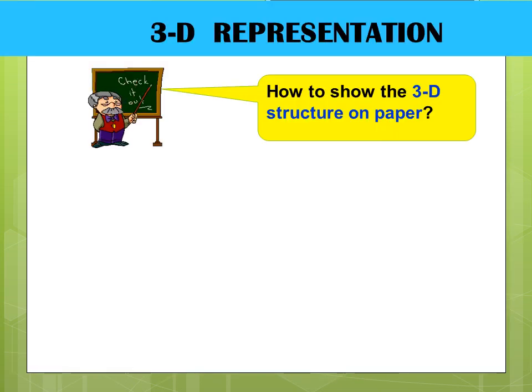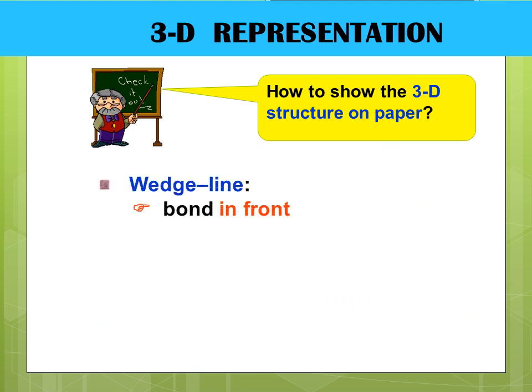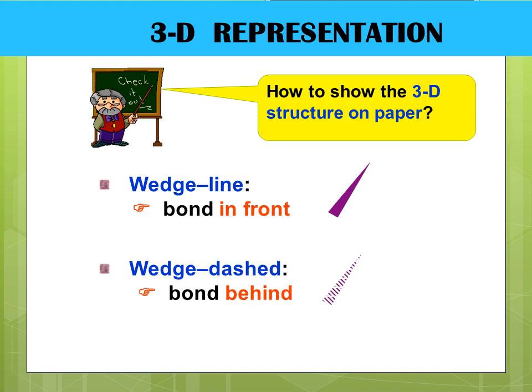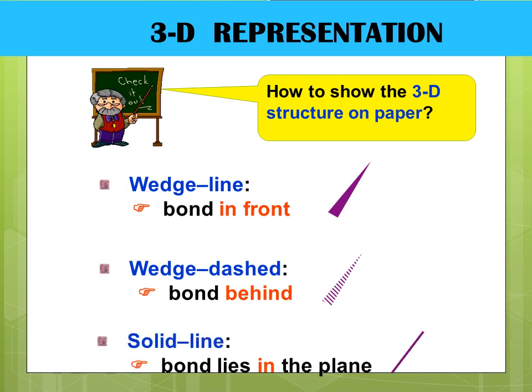How to show the 3D structure on paper? The wedge line represents the covalent bond coming out of the plane of the paper. The dashed wedge represents the bond behind the plane of the paper. The solid line represents the bond lying in the plane of the paper.